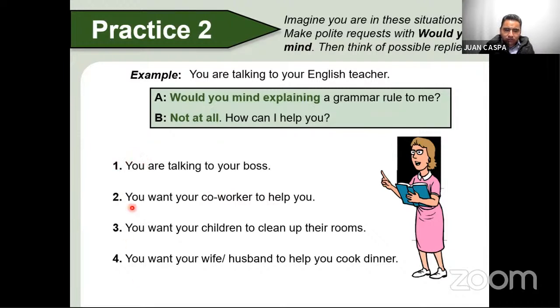Elige uno de los cuatro, cada uno. And you can ask one question. Would you mind? ¿No? ¿Te importaría darme permiso esta tarde? No sé, algo así. Okay, something. Elijan un ejemplo. Any of you, please. Choose one example and work with that.